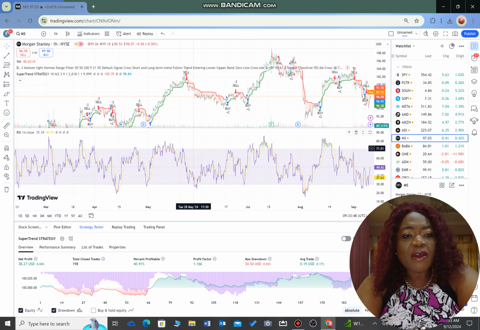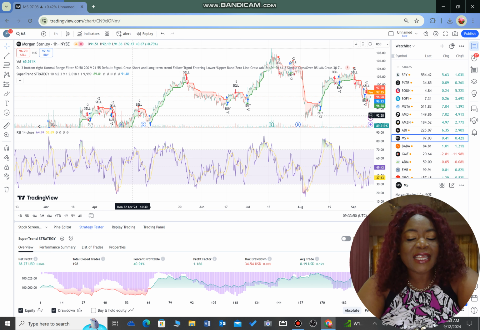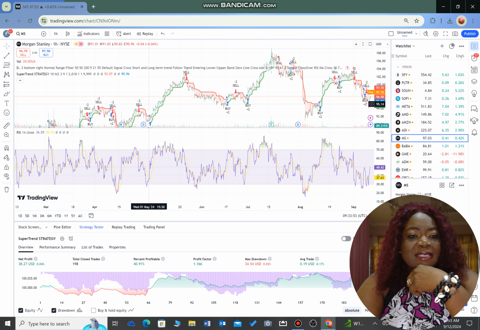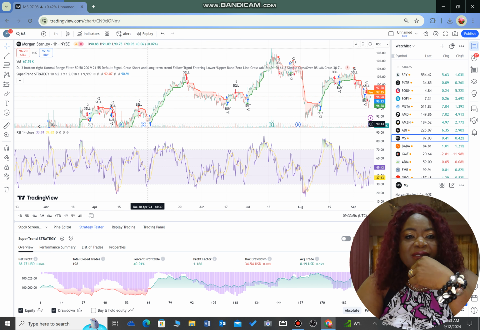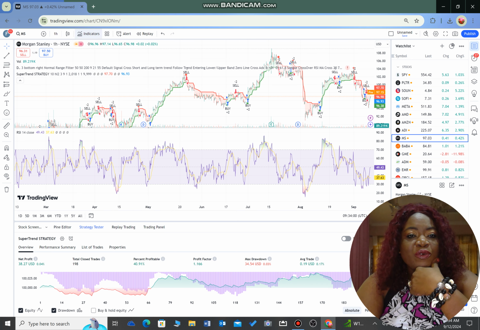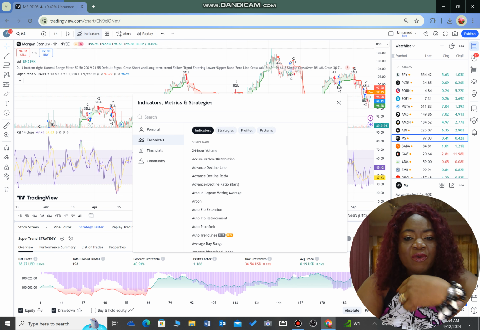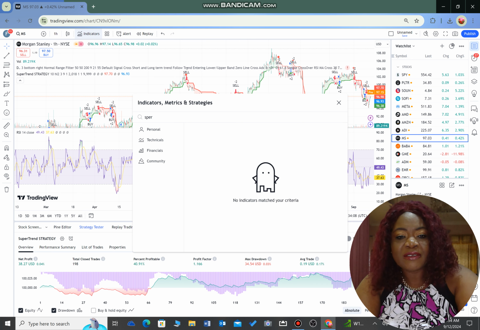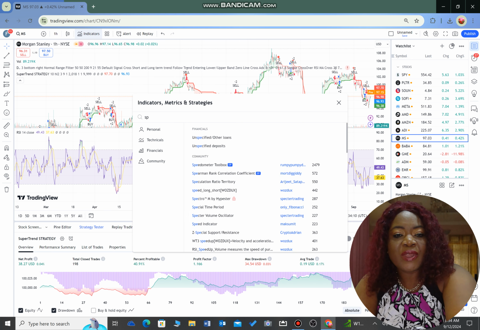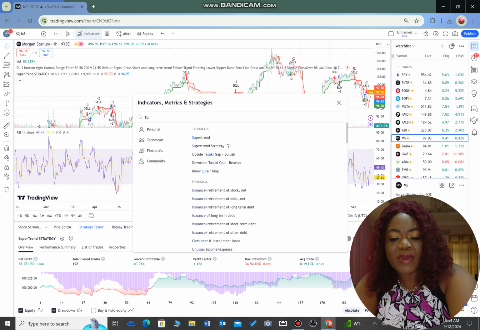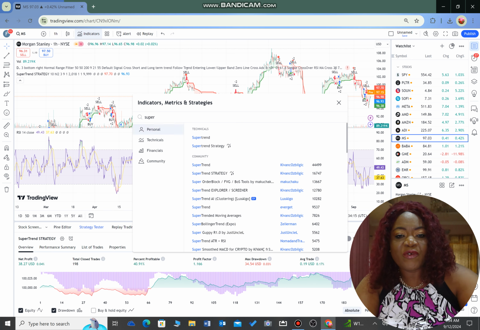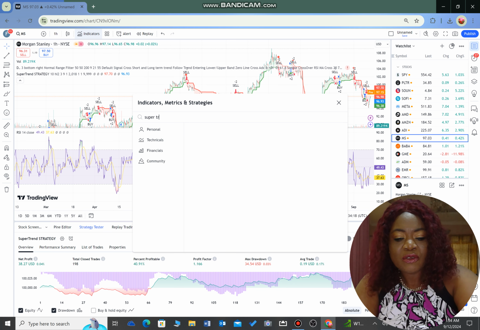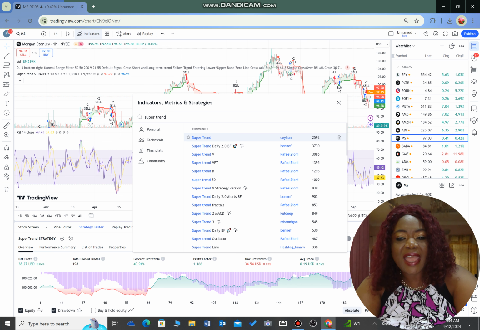One of the trading indicators that I want us to look at is the Super Trend indicator. I've already shown you in my previous video how you can go into TradingView and search for your indicators. You click on Super Trend and you have it right there.